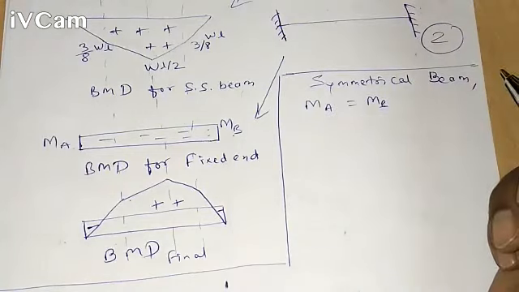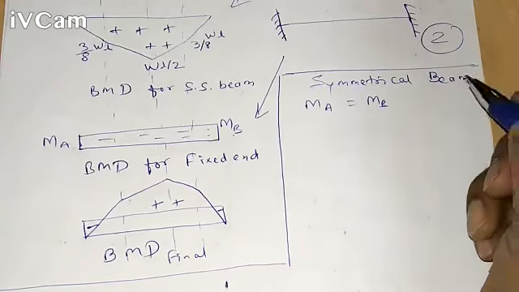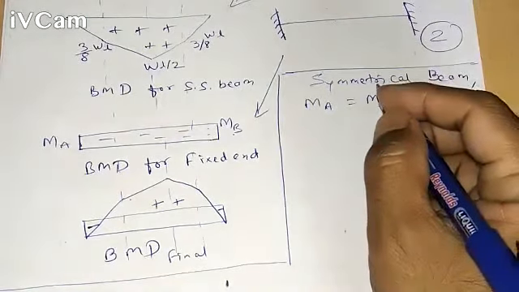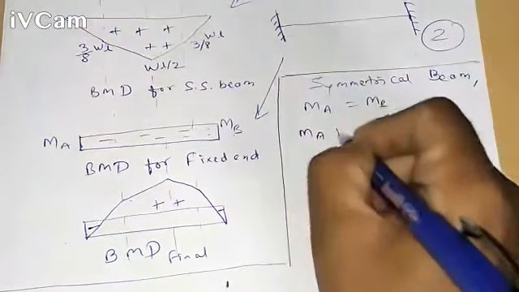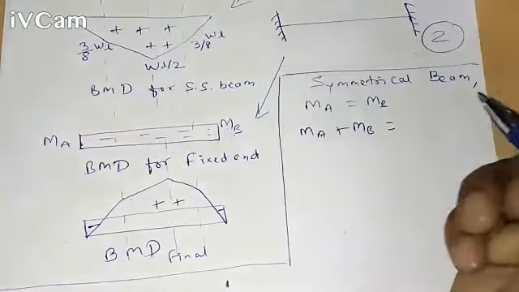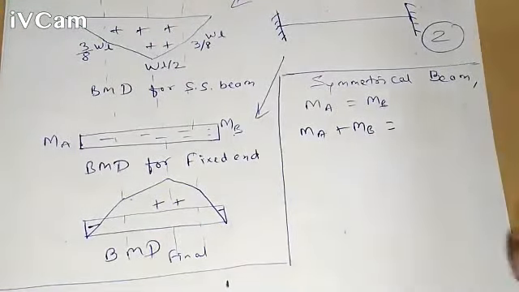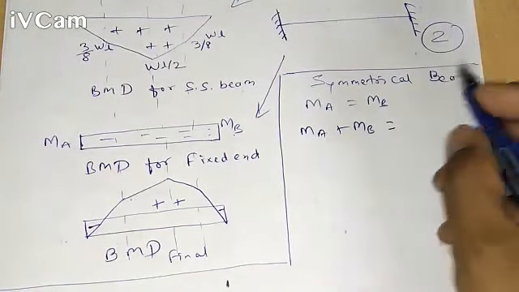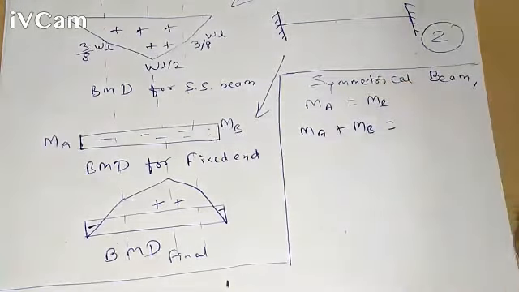So for this condition, we need to consider this MA plus MB would be equal to the area of this first diagram and the second diagram. We need to add it.